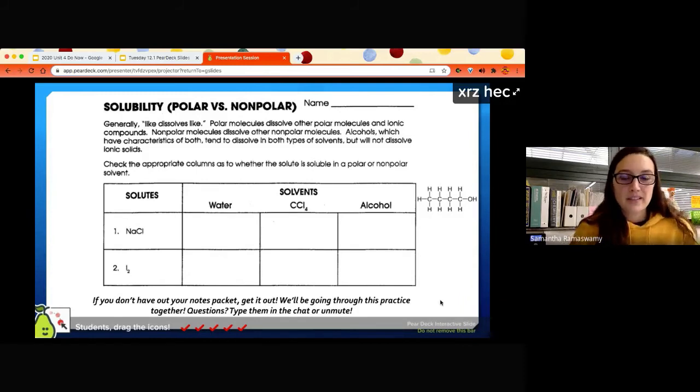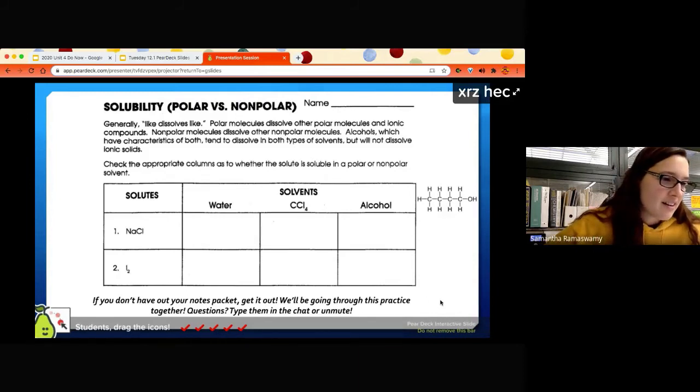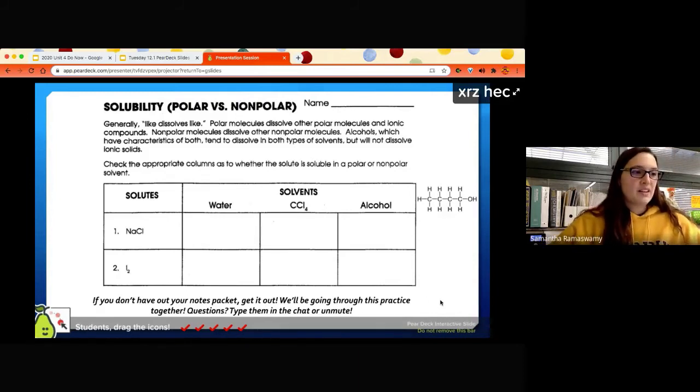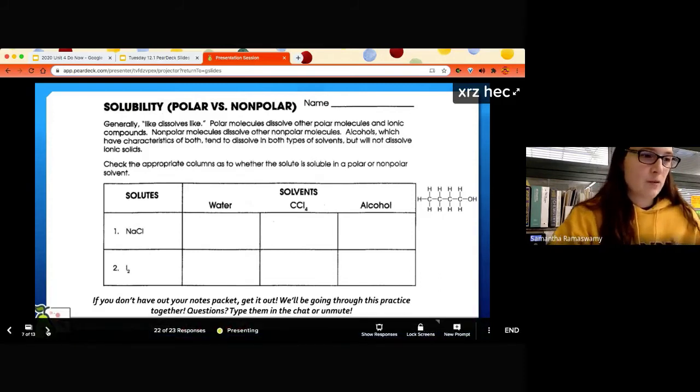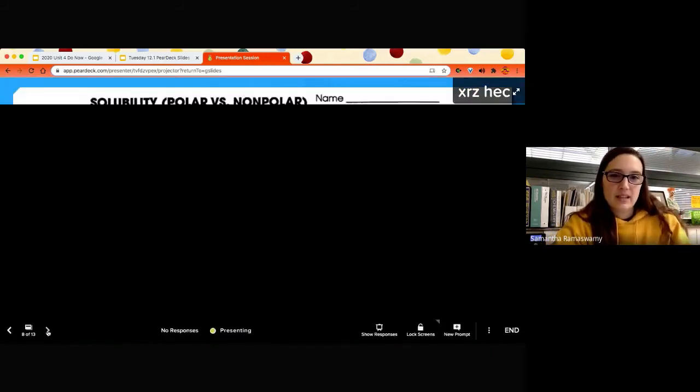So nonpolar substances will dissolve in nonpolar solvents and can dissolve in an alcohol. So for I2, you should have a check mark under CCl4 and alcohol. Good. And I'll put the answers up on the last 2 slides just in case. But from what I see, it looks like everybody had those correct check marks.